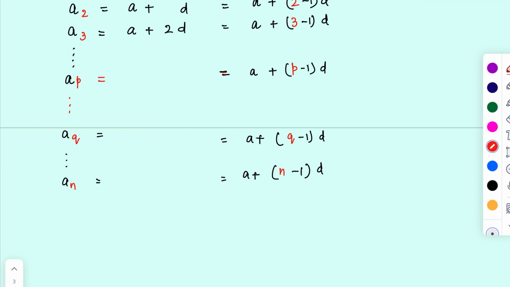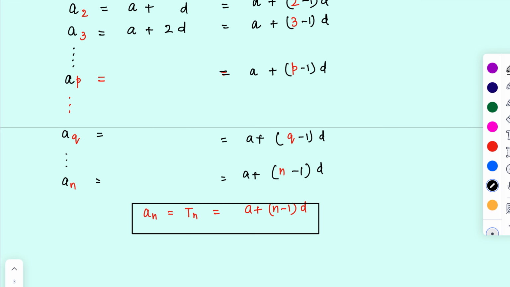This is the general formula for nth term, that is An. An or Tn can be written as a plus n minus 1 into d.